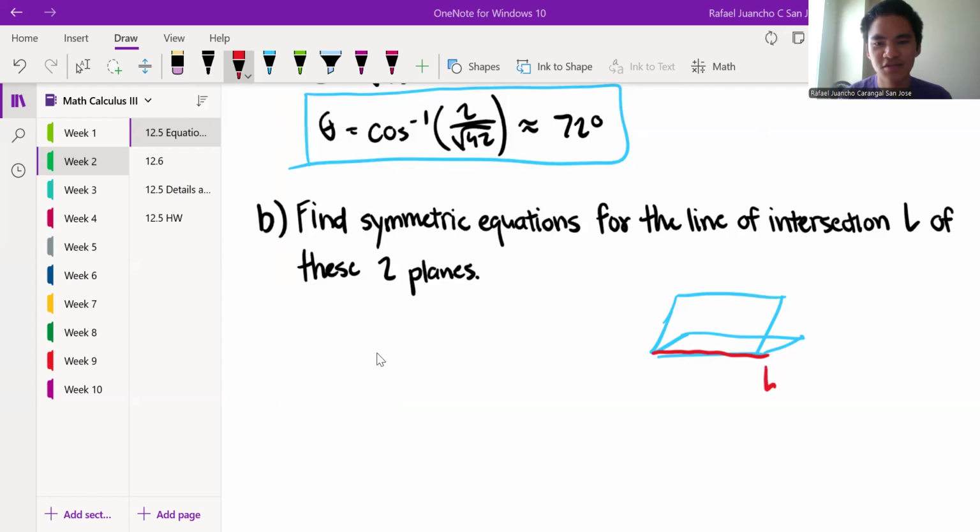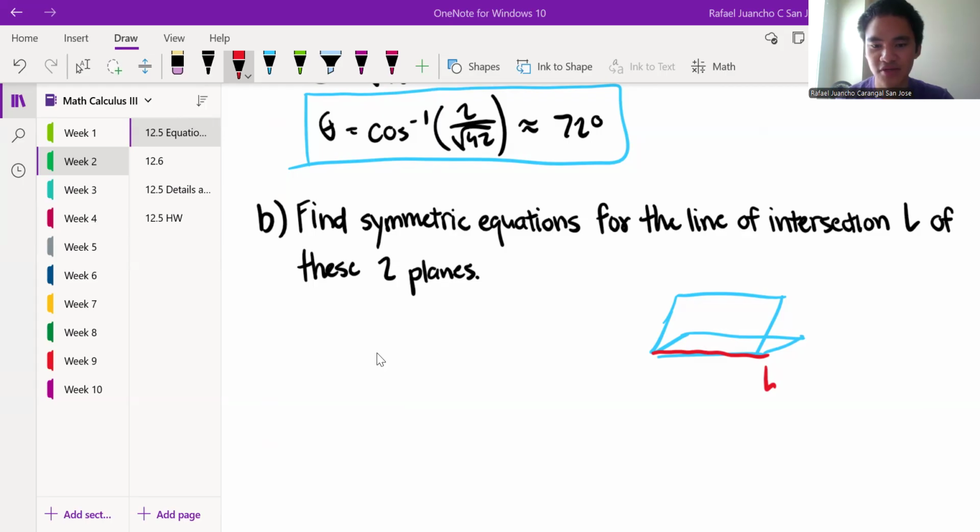Now we want to find symmetric equations for that line. So how do we do that? Well, I think the first thing we need to find is a point on L, right?